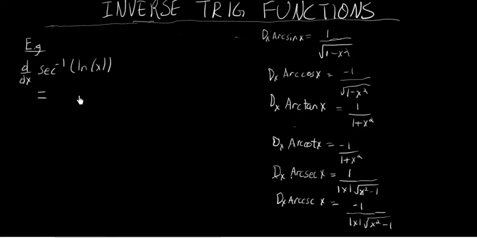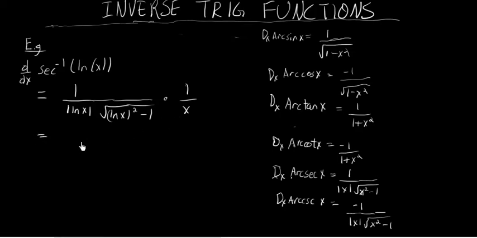So this is going to be 1 over the absolute value of ln of x times the square root of ln of x, quantity squared, minus 1, times the derivative of ln of x with respect to x, which is just 1 over x.